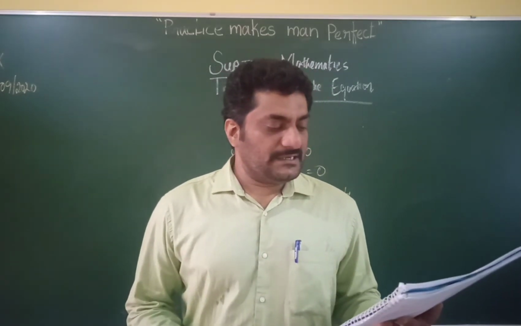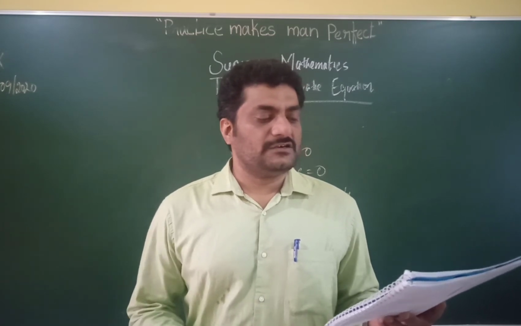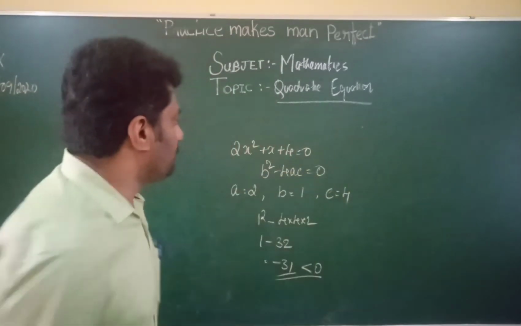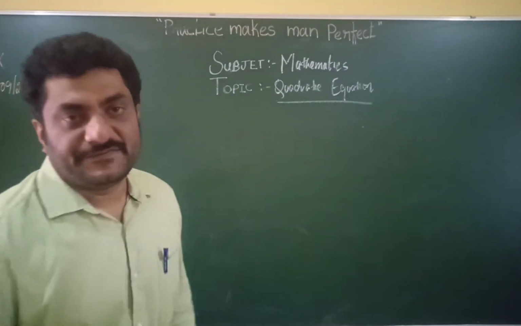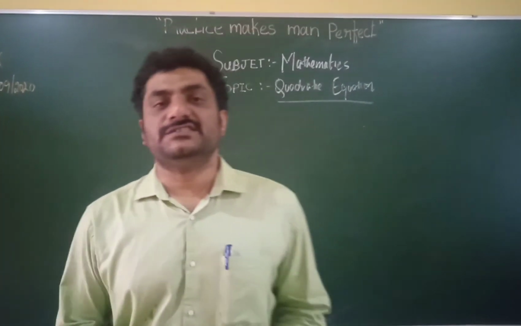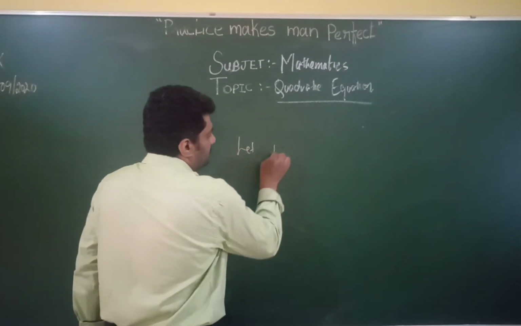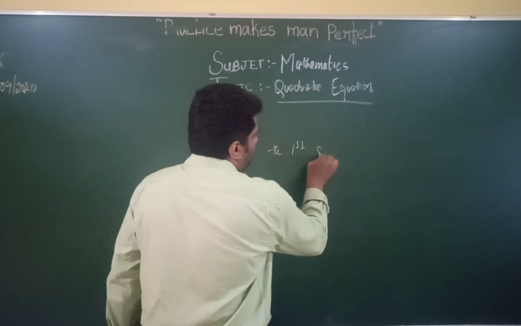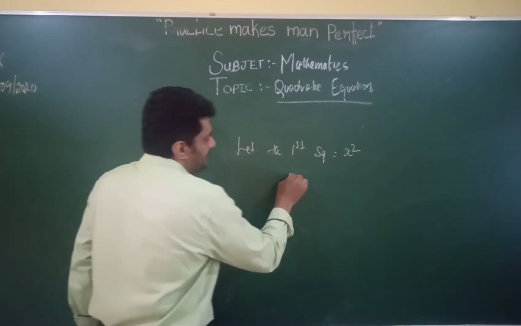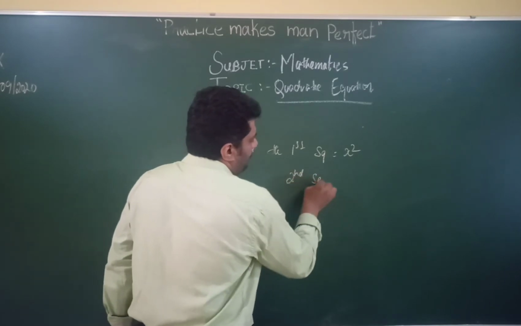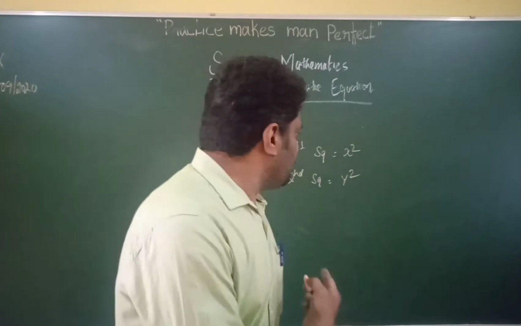Now the next one is the difference of squares of two numbers. It's a word problem. The difference of squares of two numbers. That means let the first square be x square and the second square be y square. So what is the difference of these two squares?